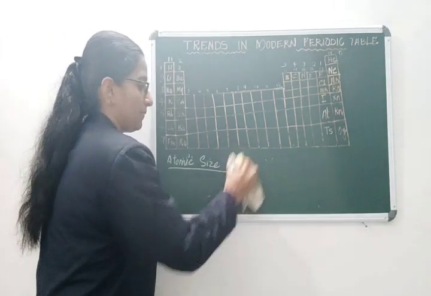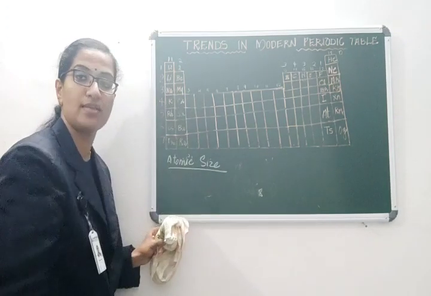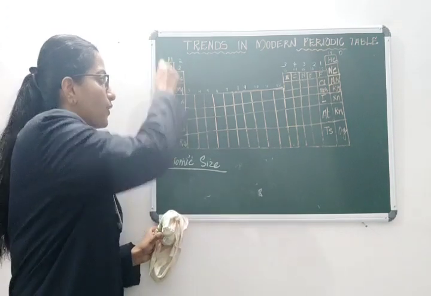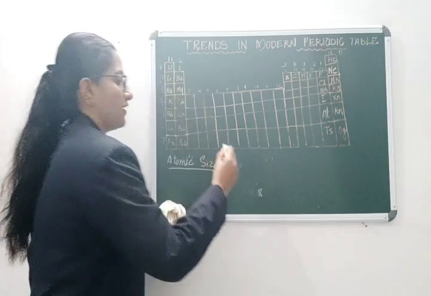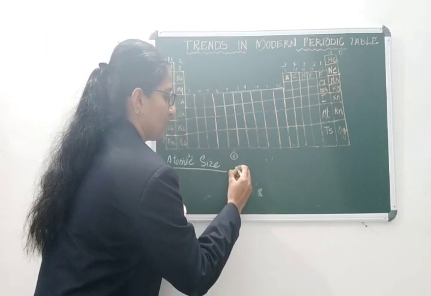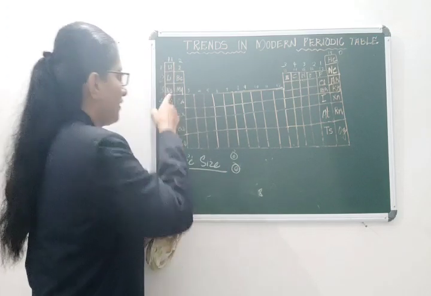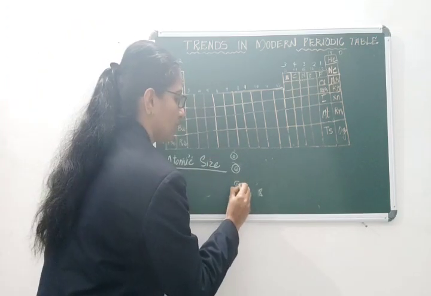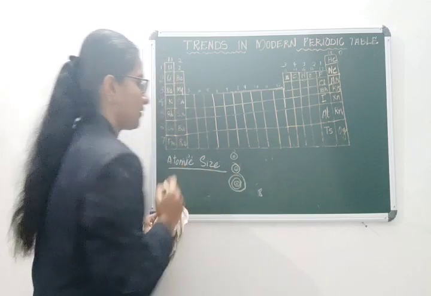Okay, but in a group, what happens to the atomic size? First it is hydrogen with 1 shell. Second it is lithium with 2 shells. After that sodium with 3 shells.